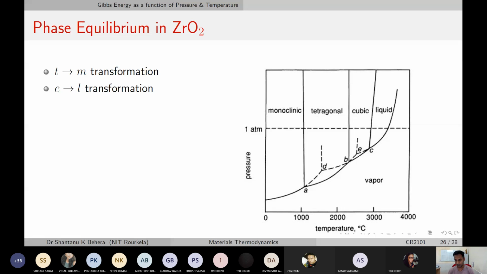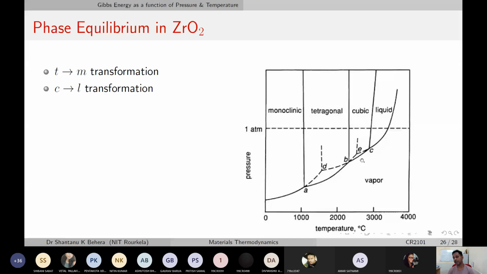It so happens that this is from a denser volume to a slightly expanded volume. It becomes a monoclinic phase. That has important applications in load bearing properties, or mechanical shock resistance properties. It can enhance the toughness of the body, the fracture toughness of the body, by exploiting this T2M transformation.